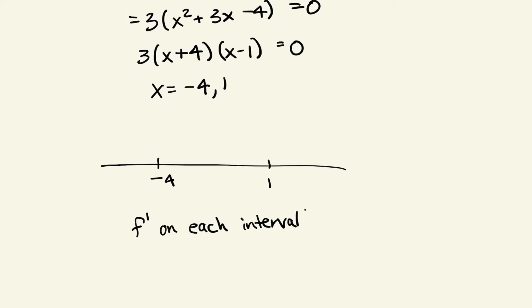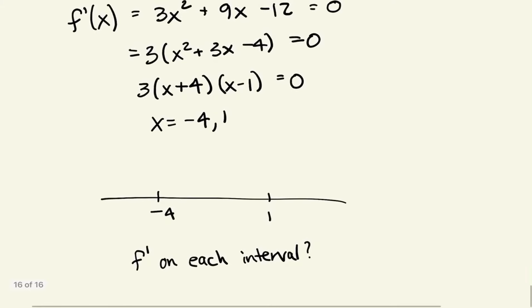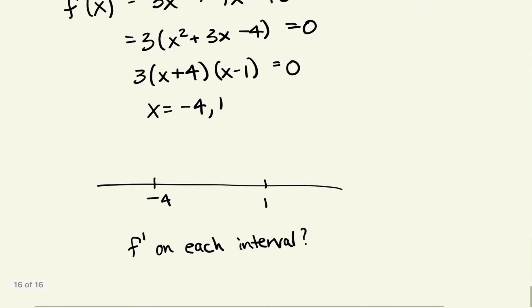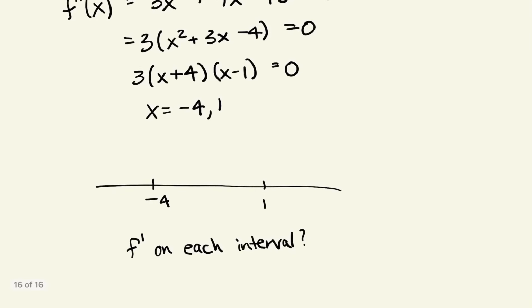So we can plug in different values into our derivative to see if the derivative is positive or negative on each interval. So for example, here, we might try f prime of -5. And we'll get 3 times -1 times -6. And we can see that the derivative is going to be positive on this whole interval.